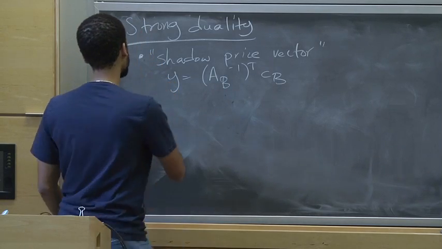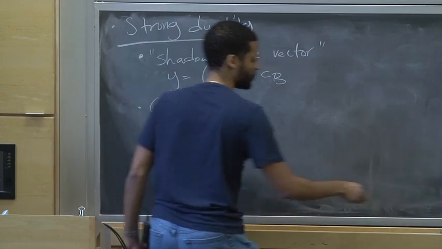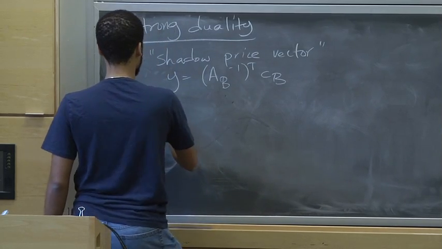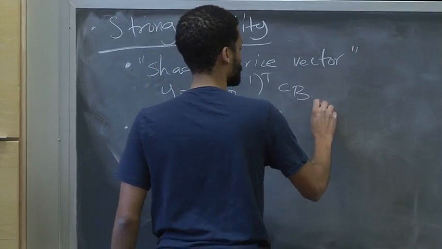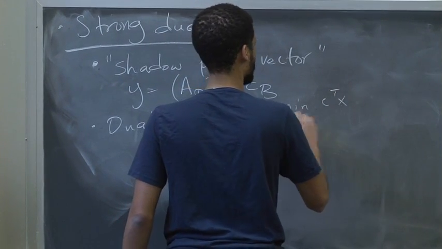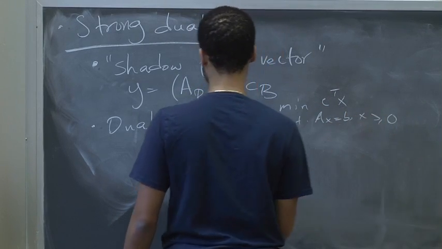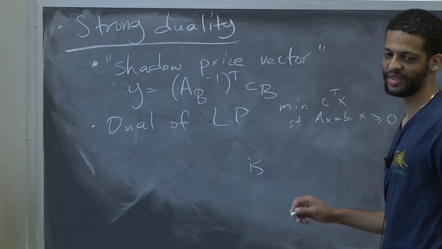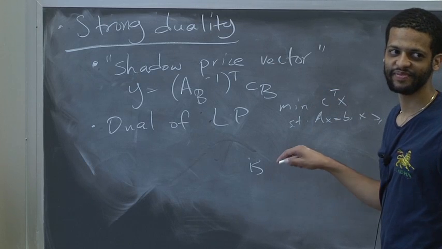First of all, what is the dual? The dual of the LP, min c transpose x such that Ax equals b, x greater than or equal to 0, is, any takers? Have people become fluent in duals?